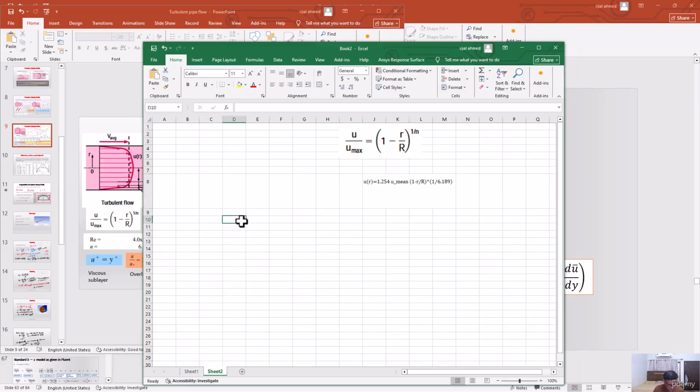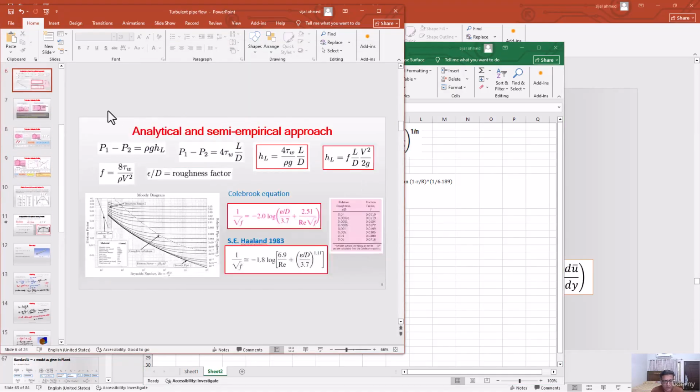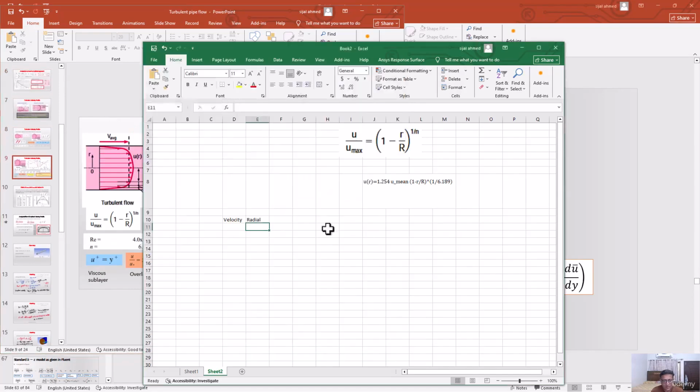So this is the velocity, and this one is the radial coordinate. The diameter is equal to 0.2 meters, so the radius capital R is equal to 0.1.